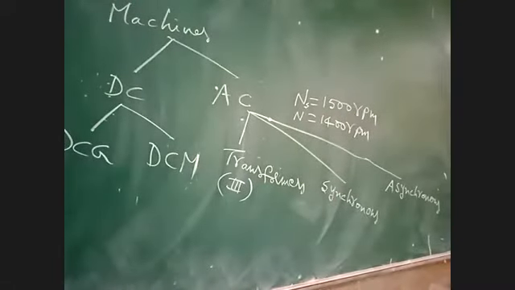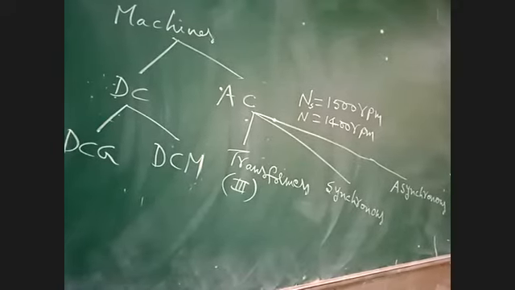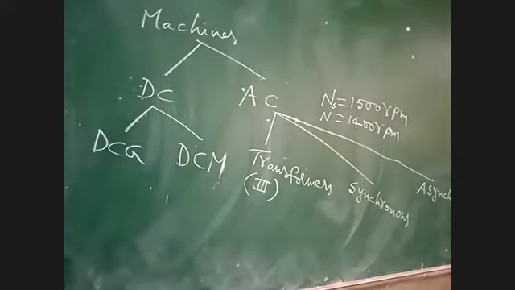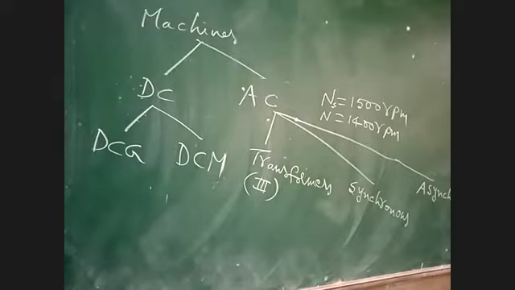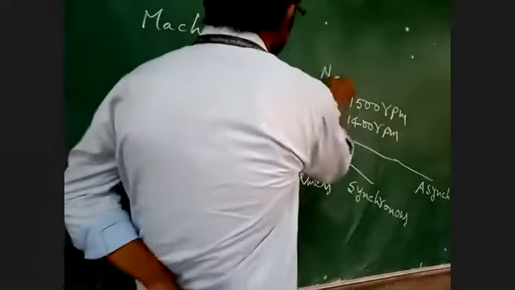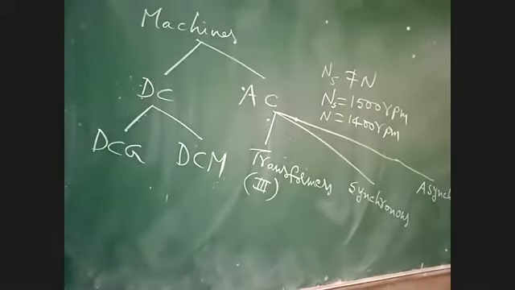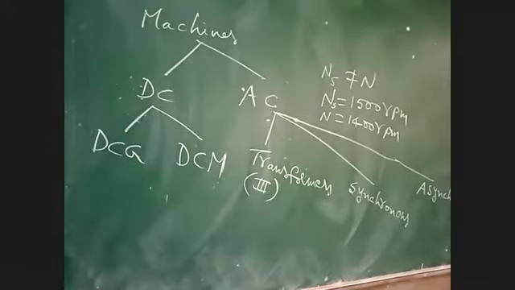N suffix s is the manufacturer given speed on the motor, 1500 rpm. But when you run the motor, it is running at 1400 rpm. The difference between the speeds is 100. That means here ns is not equal to n. ns is the designer speed. Our speed is 1400 rpm. There is no matching. Both are not in synchronism.